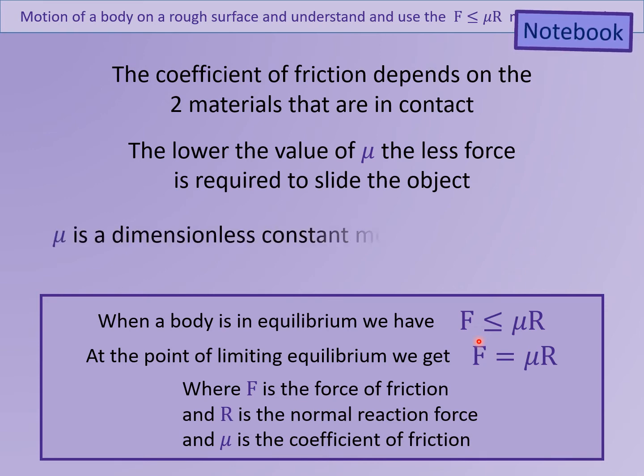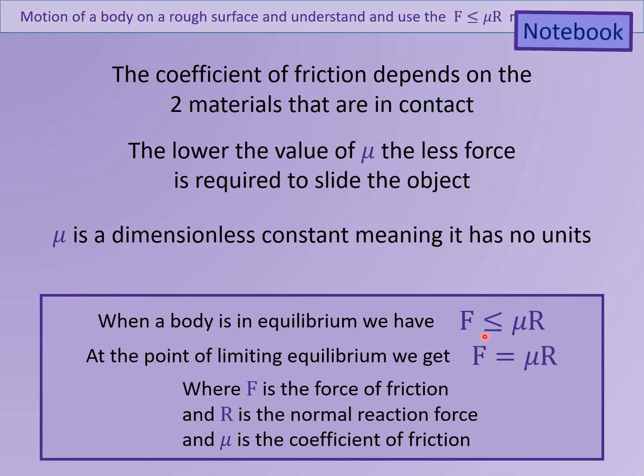And the opposite is true, of course, as well. The bigger the mu value, the bigger the force has to be to overcome the friction. The mu value is what we call dimensionless. Anytime it mentions the word coefficient, a coefficient does not have any units.